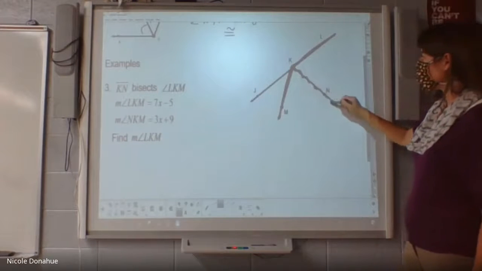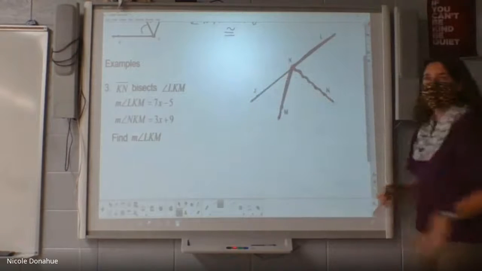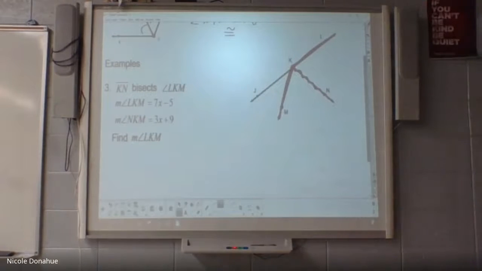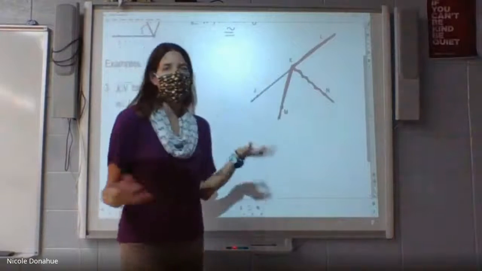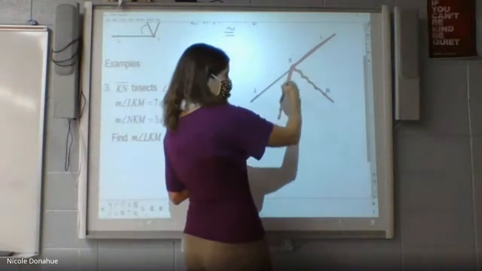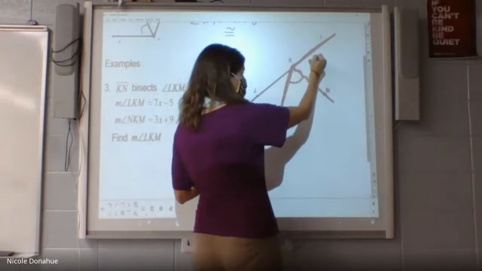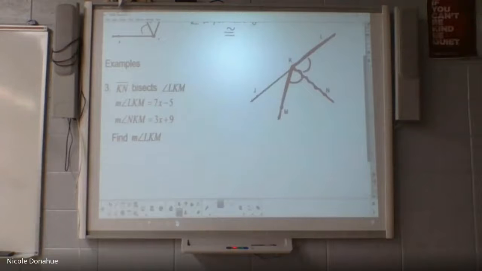This line bisects it, so I can ignore this JK. It isn't even necessary in this problem. It's extra information. The two angles I care about are the bisected angles, which means this one and this one are the same. So I make those little marks to remind you that they're the same.